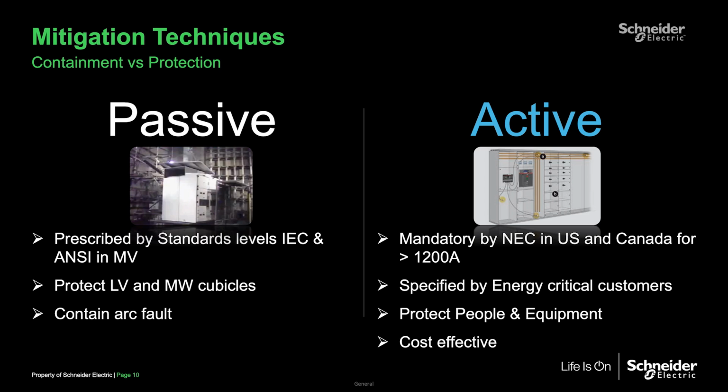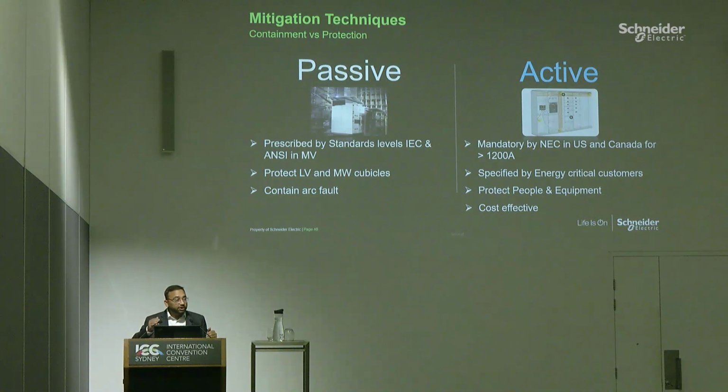When we are talking about active, then we are not allowing the flashover to reach its zenith or peak, or incident energy is not allowed to be developed to a level that it becomes dangerous for the life of the operator or for the equipment. That's the difference between passive and active.